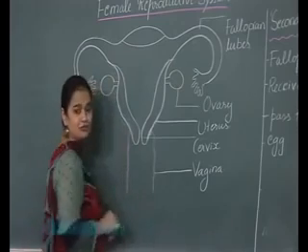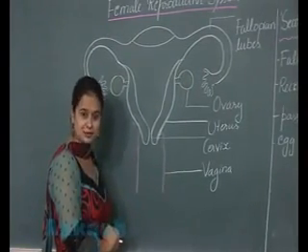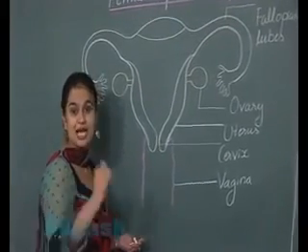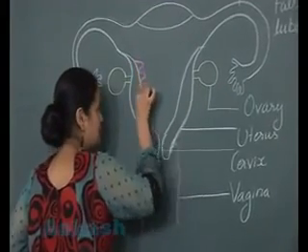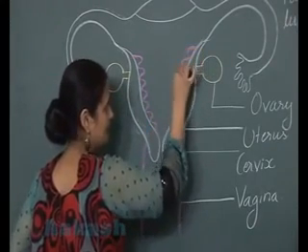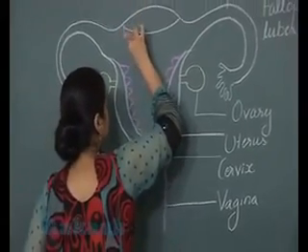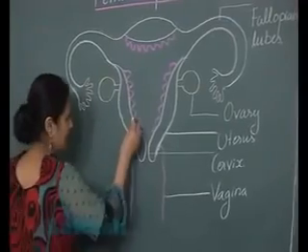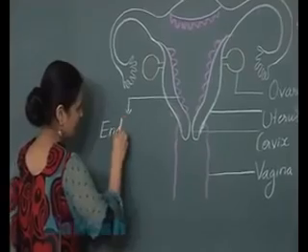The lining of the uterus is thick, highly vascular and highly glandular, and this lining is known as the endometrium.